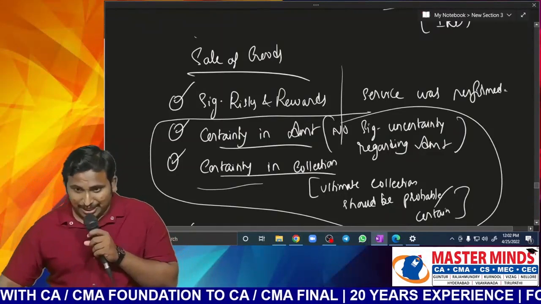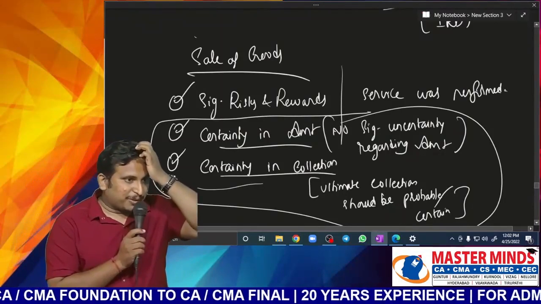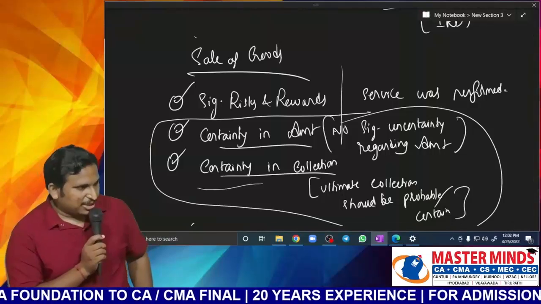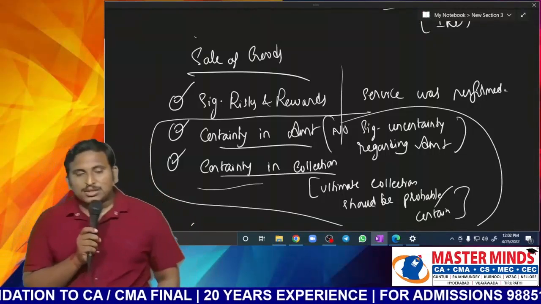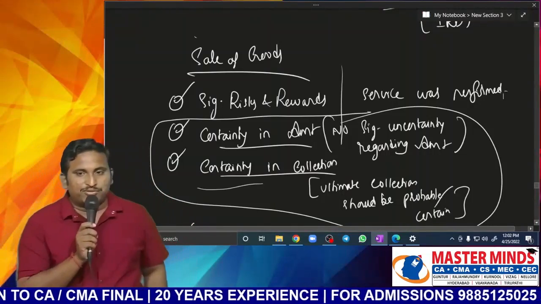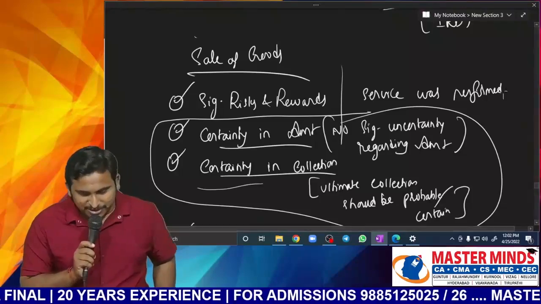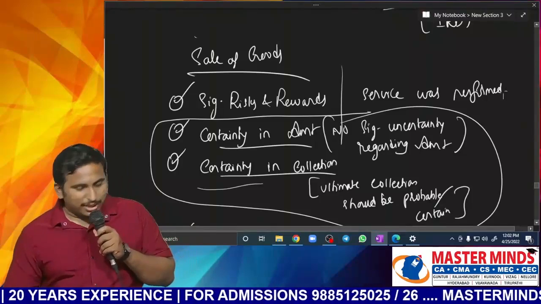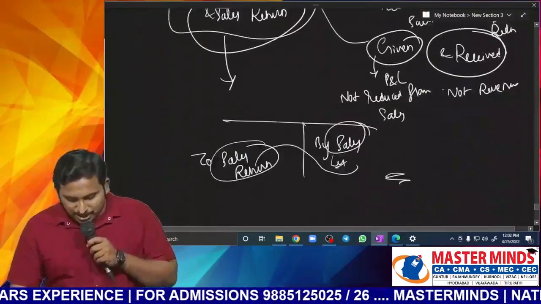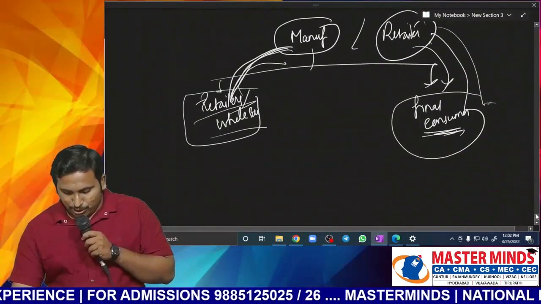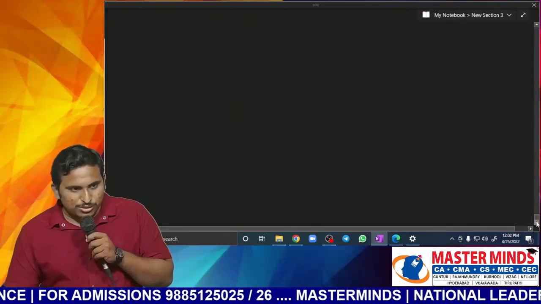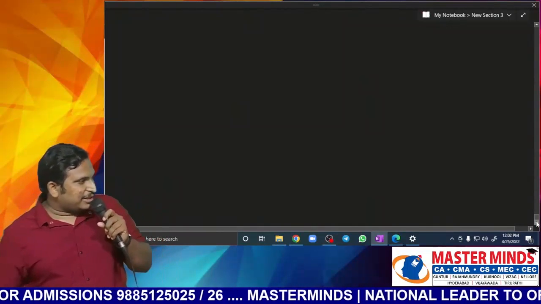But how can we say the service is performed? When do we say that the service is performed? It depends on the type of service. Now we usually divide services into 2 types, sir. In the standard, this language will not be used, but for our clarity we will use divisible services and indivisible services.